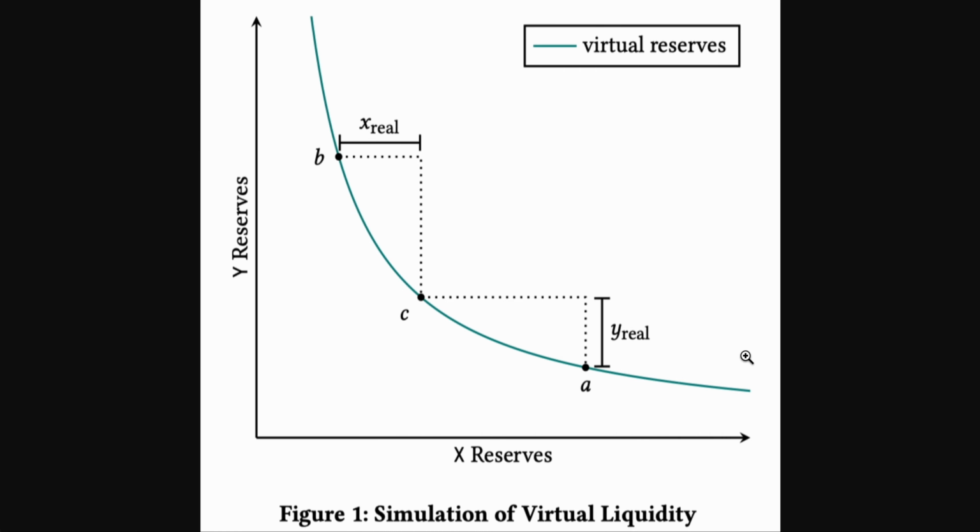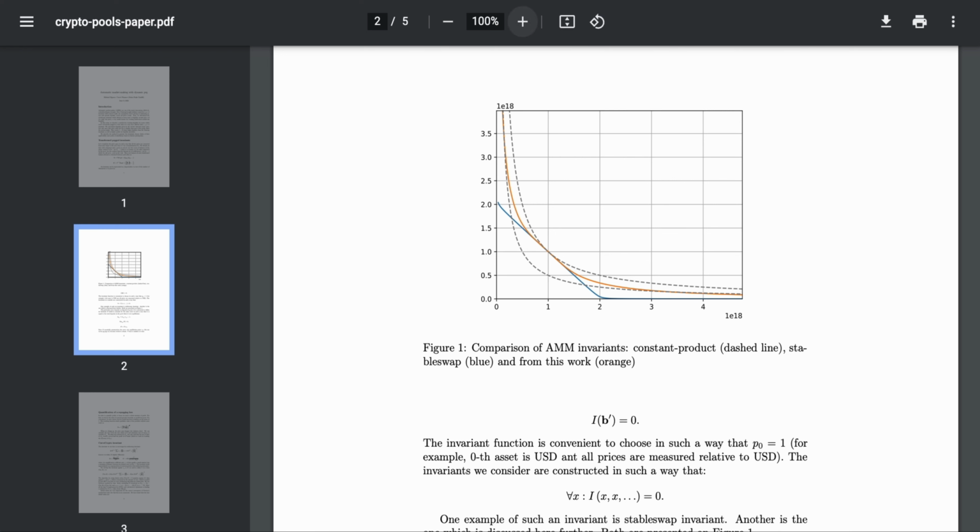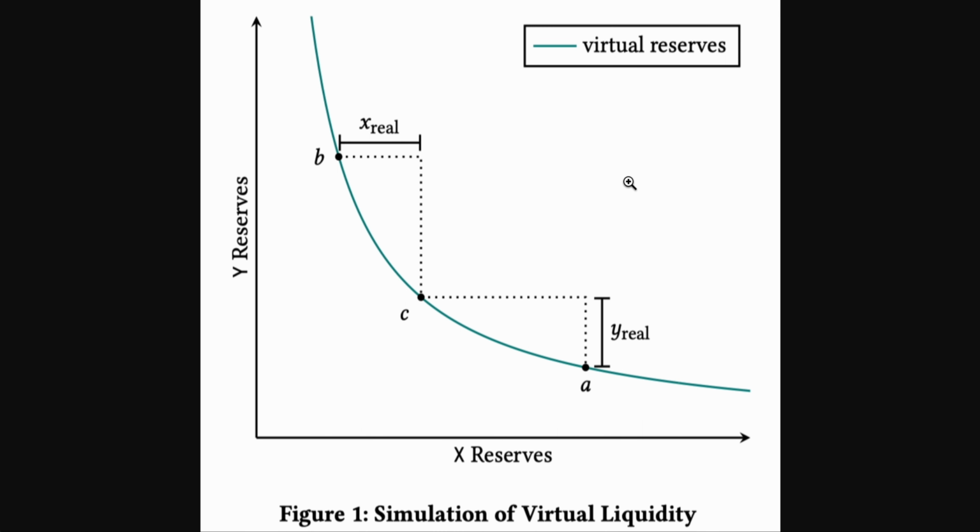So I think in the technical part, the function curves of Curve and Uniswap V3 are the same, and users of both have the same impermanent loss and the same very low slippage. So this is my opinion.